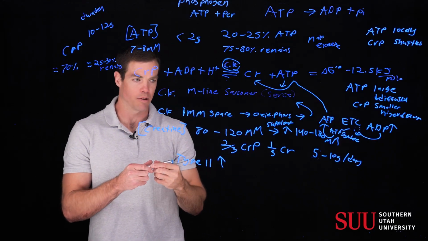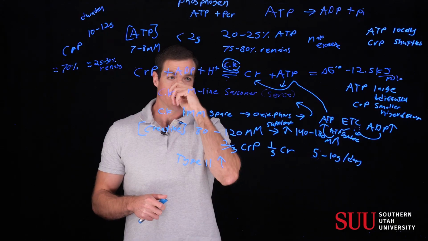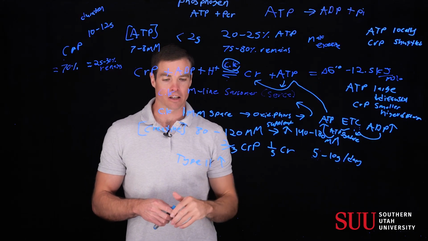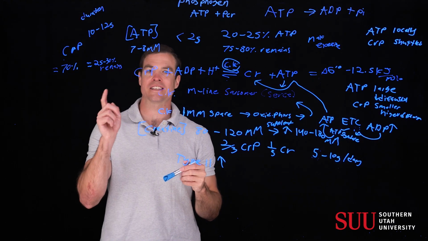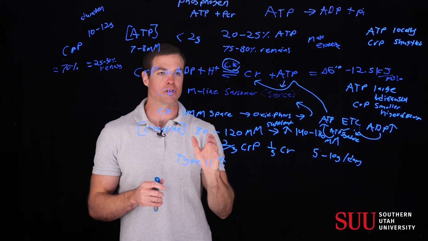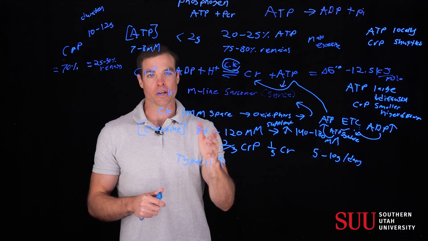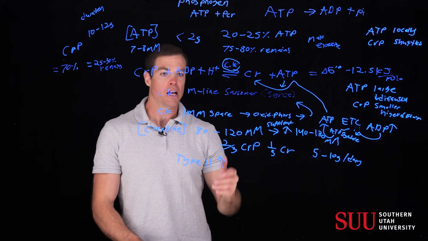Versus your type 1, of course, it has that in there as well, but thus more of your oxidative phosphorylation. Now, one thing that's interesting too, and you can try this yourself. You can really see how this works. Do like the Wingate you've seen in class before, or you can just try this on your own.